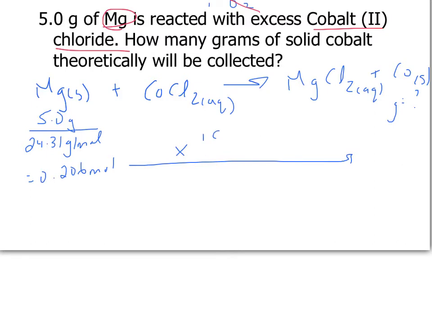And so there's 1 cobalt for every 1 magnesium. So that gives me 0.206 moles of cobalt. If I want to change that into grams and answer the question, I'm going to multiply that by the molar mass of cobalt, which is 58.93 grams per mole, which will give me 12 grams as my final answer.